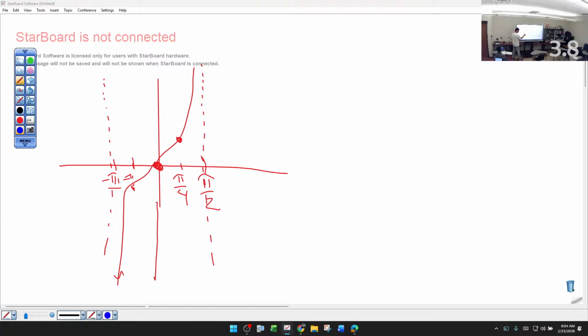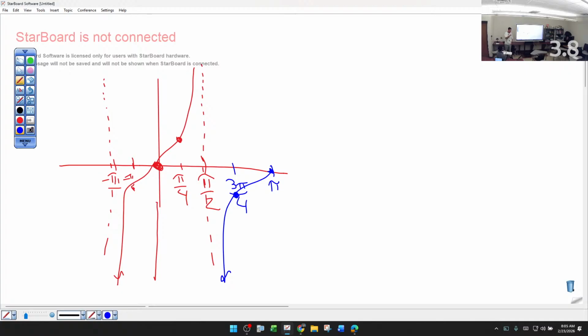This is 1/4, this is 2/4, here's 3/4, which is where I'm back at -1. And then at 4/4, I'm back at 0. So that's also a period, that part of it and that part of it.